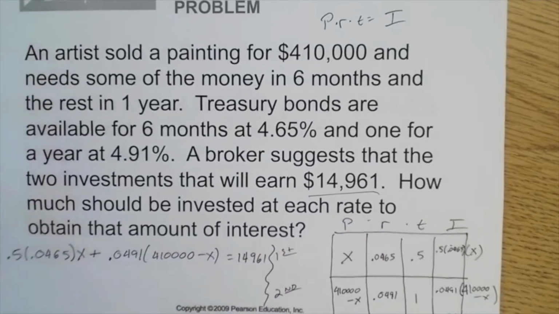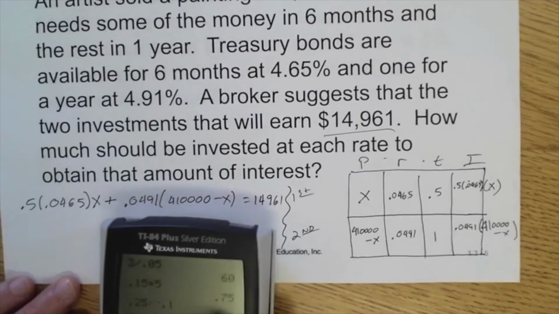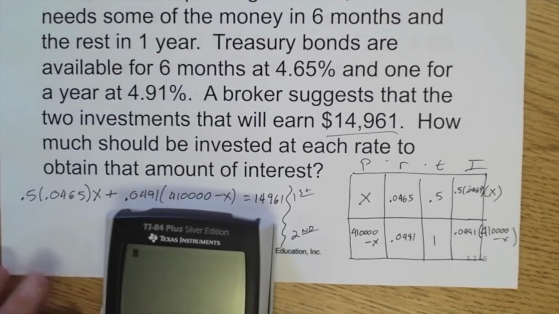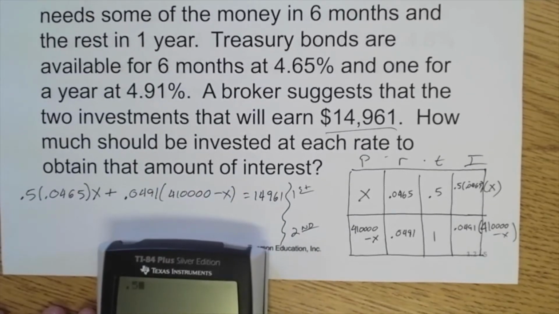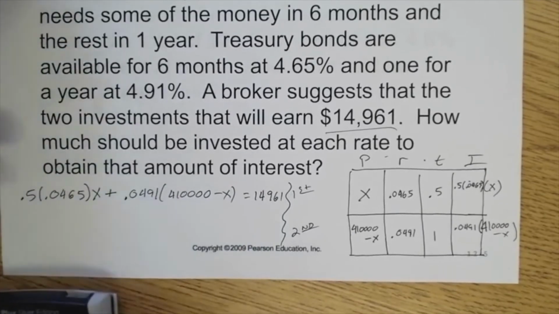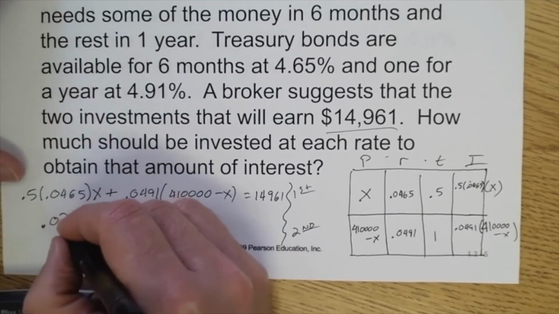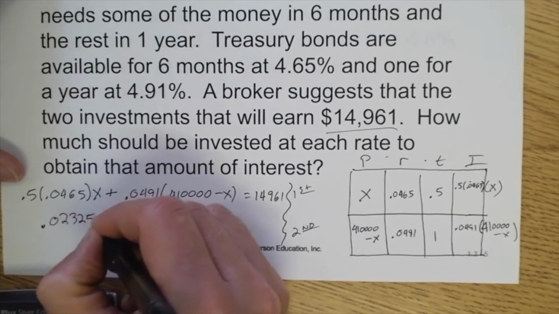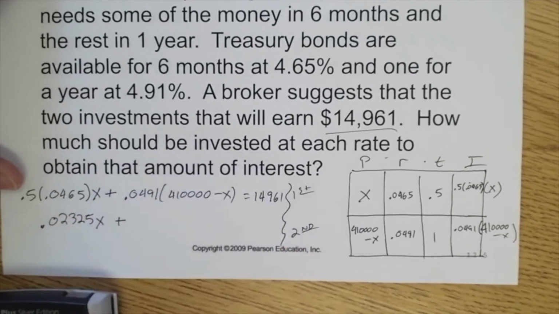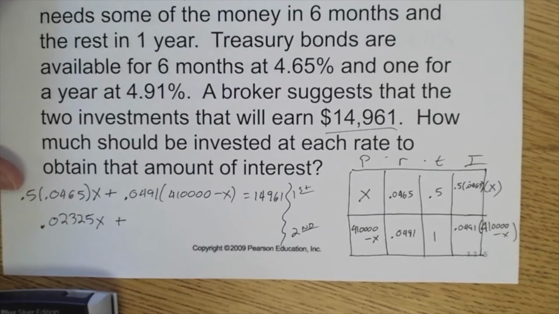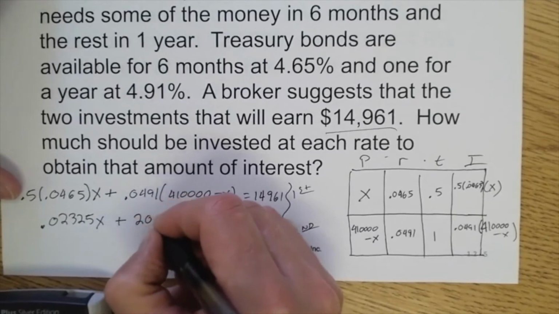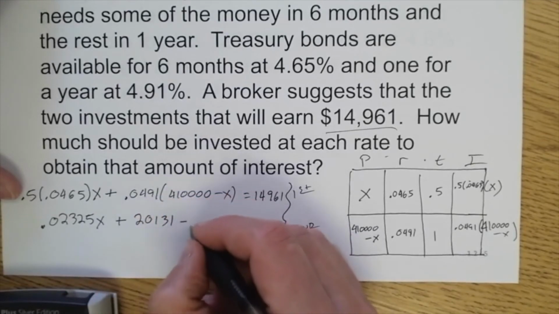Okay, so a lot of decimals here, which I have to be careful with, so let's get our trusted calculator to work these out. I'm distributing here on the second parentheses.